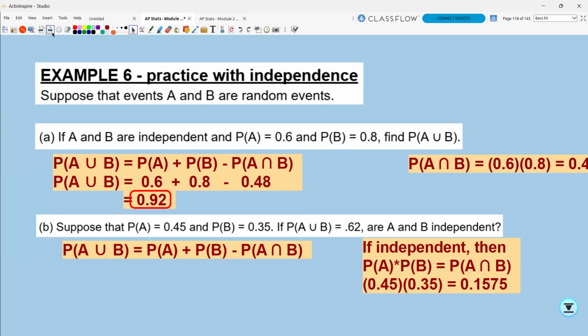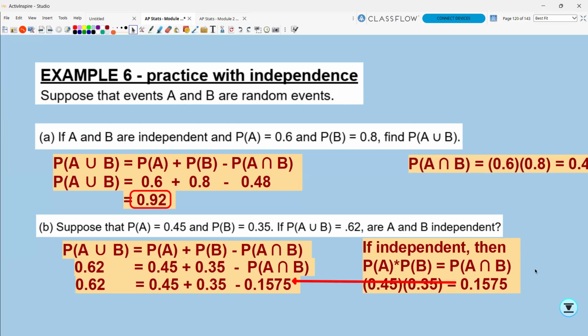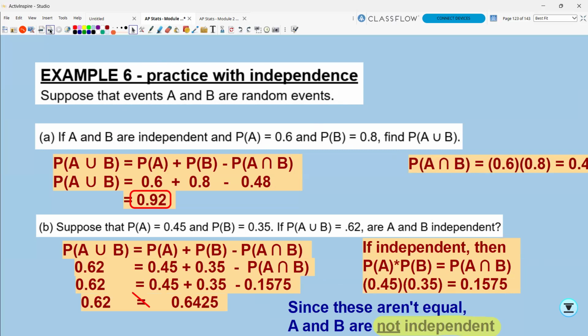We're going to use the general addition rule again. We're going to plug in our 'or' and our two individual probabilities. Now we're going to put in that 0.1575 to see if that makes the equation true. So we'll add the 0.45 and 0.35, and subtract the 0.1575. In this case, they're not the same. Since they're different, that means they're not independent.